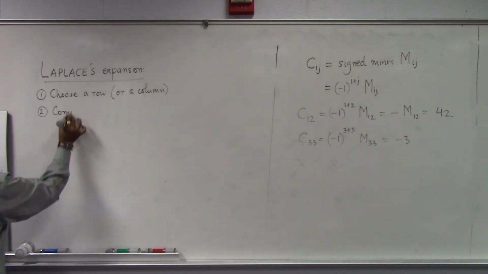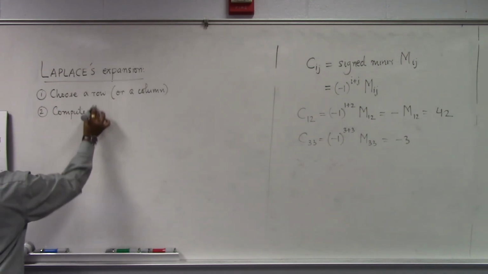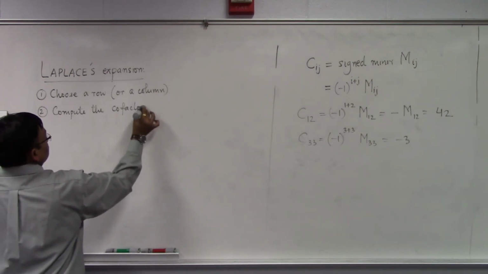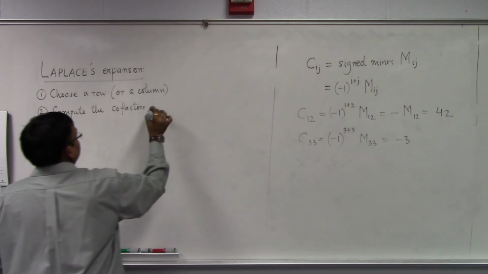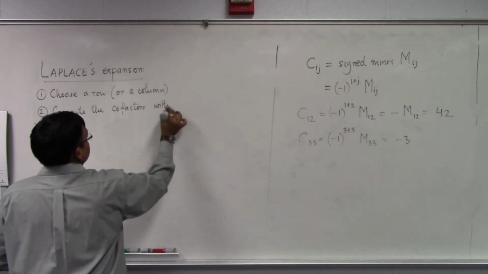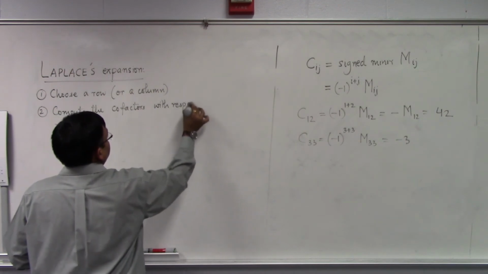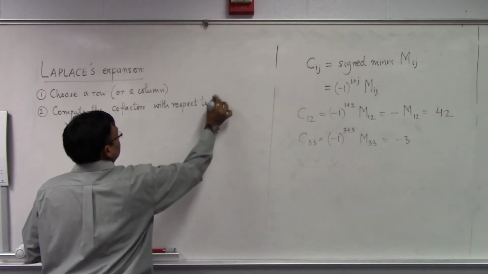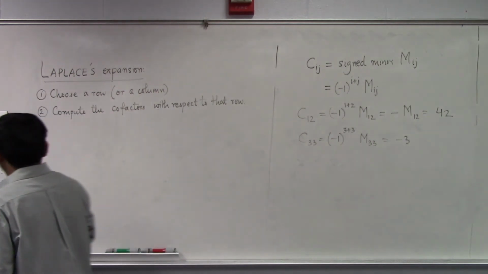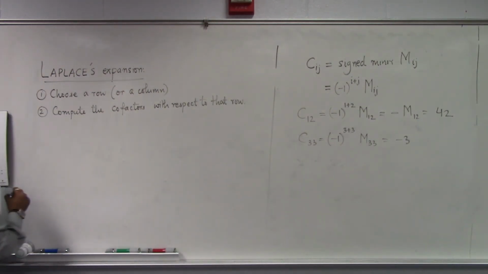Then you compute the cofactors with respect to that row, and using them we can find the determinant. So these are the first two things that you have to do.